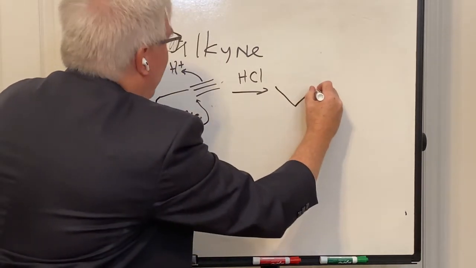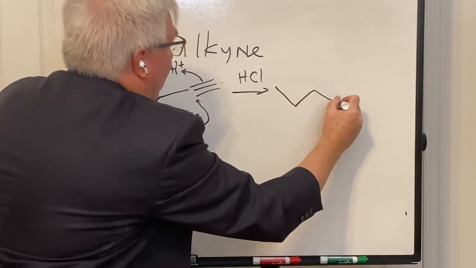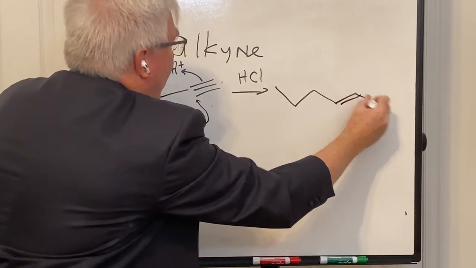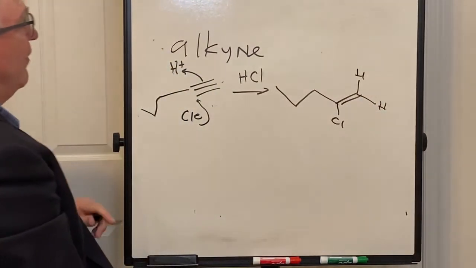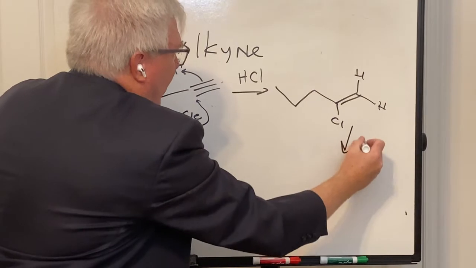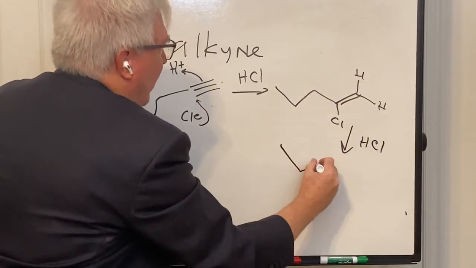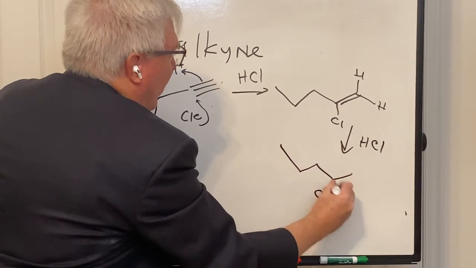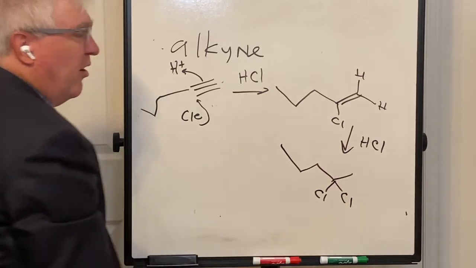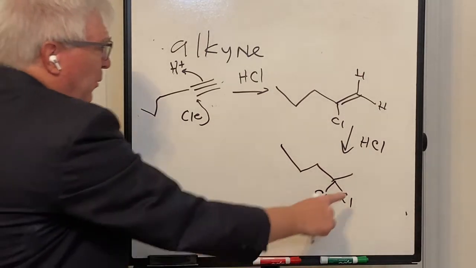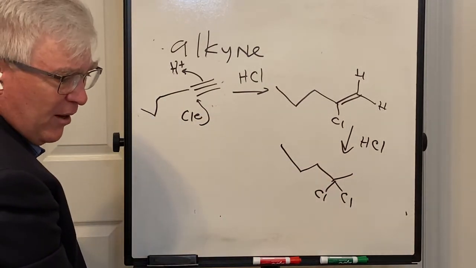We're going to end up with the proton on the end and the chloride there. Well, let's draw it like that. Okay, so the internal thing, and then more HCl. You see, we're going to put it on the end again, and then chloride will go there. And so we'll end up with this methyl on the end here. So two new hydrogens on the end there, and it's this internal geminal dihalide that's formed. Don't form the gem dihalide on the end carbon here, because that would be anti-Markovnikov.